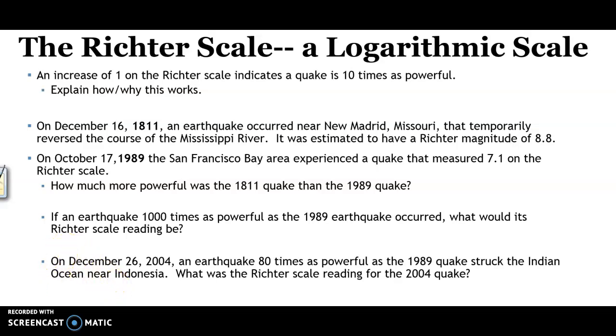So this tests our understanding of what it means to have a logarithmic scale. We know that logarithms, and I'm going to abbreviate that just as log, but this would refer to both the common and natural log, are the exponents. So because the Richter scale is a logarithmic scale, an increase of 1 on the Richter scale would mean that the exponent increases by 1.